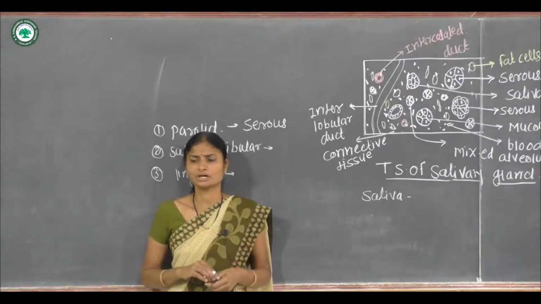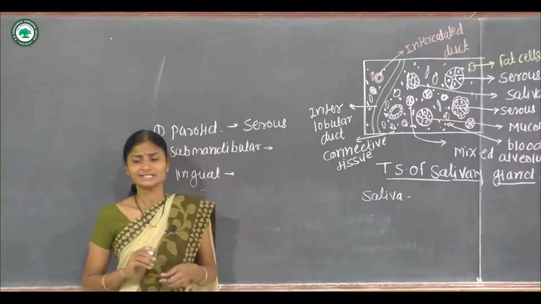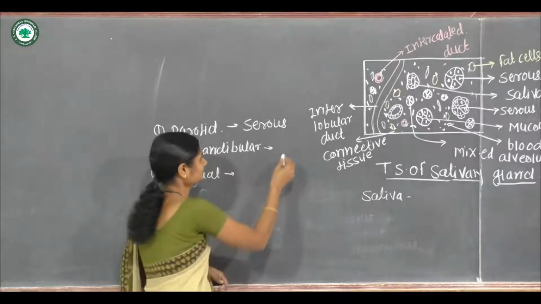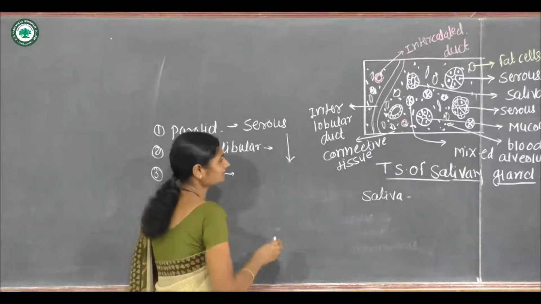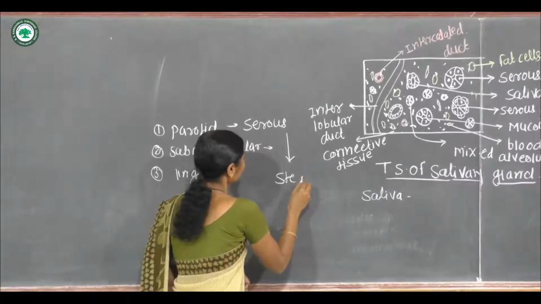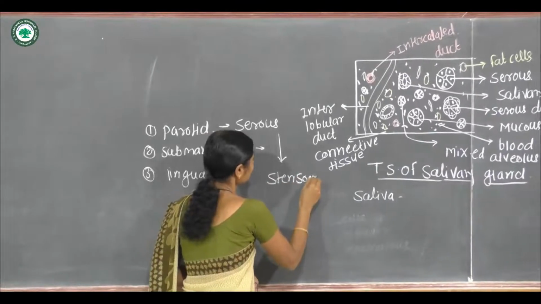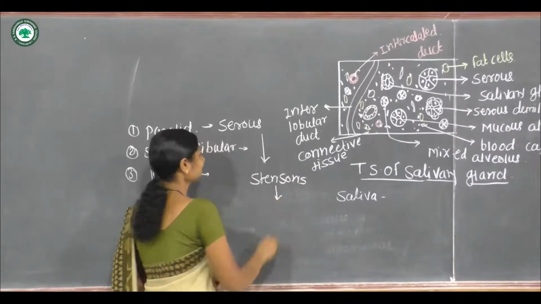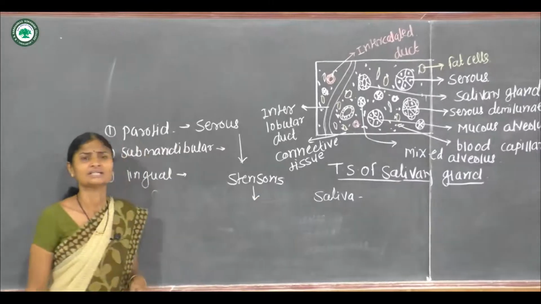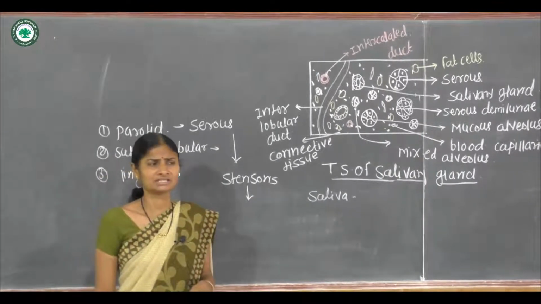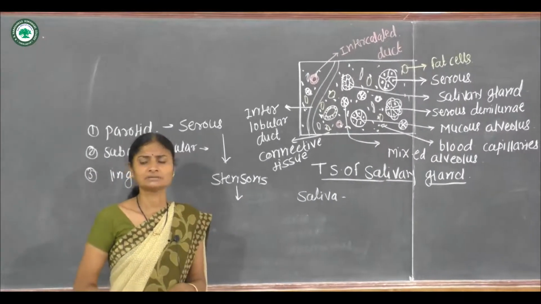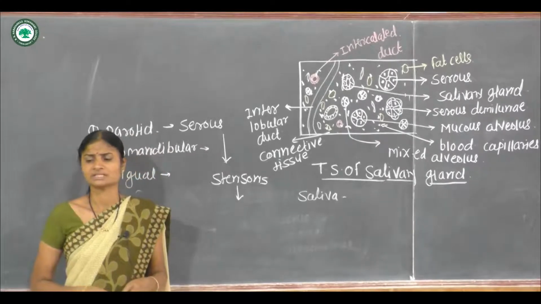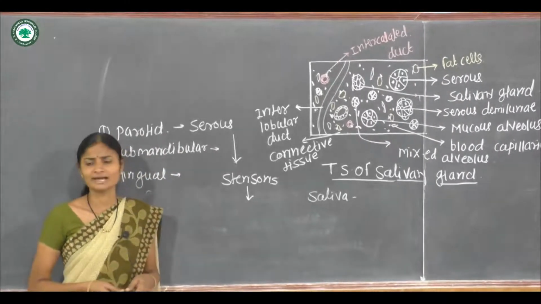The main parotid duct is called Stenson's duct, and this Stenson's duct carries the secretion towards the mouth cavity, into the oral cavity.